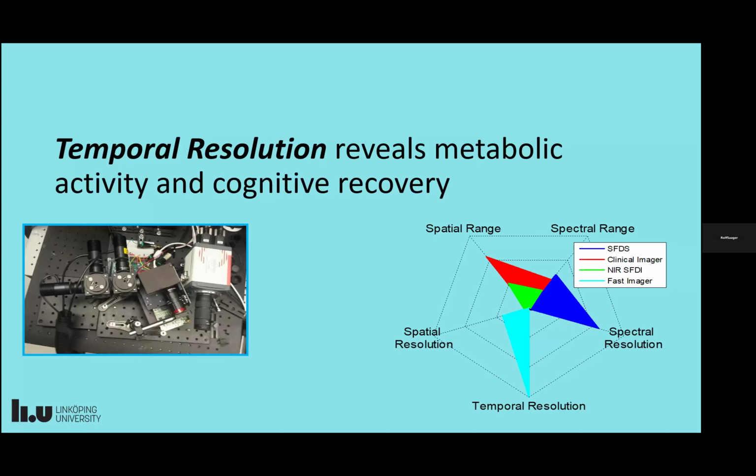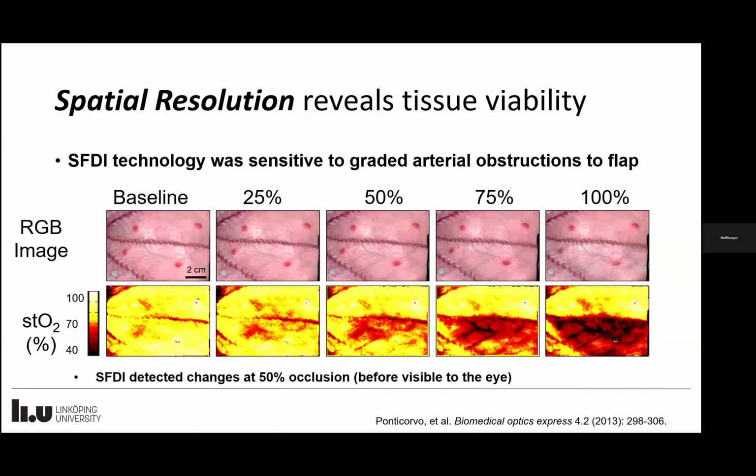So in terms of temporal resolution, again, you heard Yama's talk. You were all very excited by that. Yeah. So that was where they had lifted the two flaps, where they had primary arteries and veins going into it. So the one was left intact.